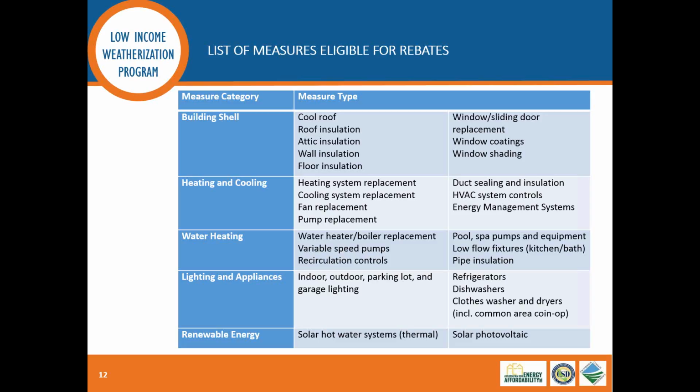And then a low cost and very economical improvement is low flow fixtures in the kitchen and bath, such as faucet aerators, low flow shower heads. And lastly, pipe insulation is another area of opportunity.